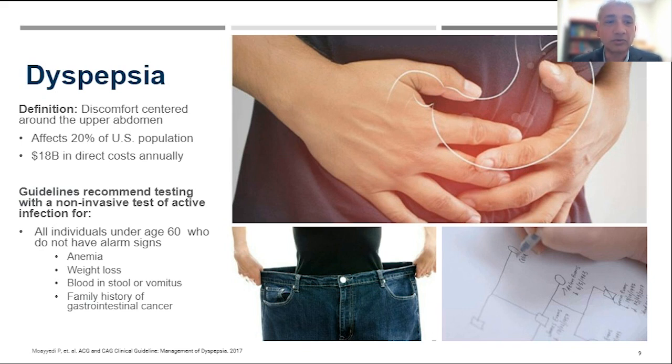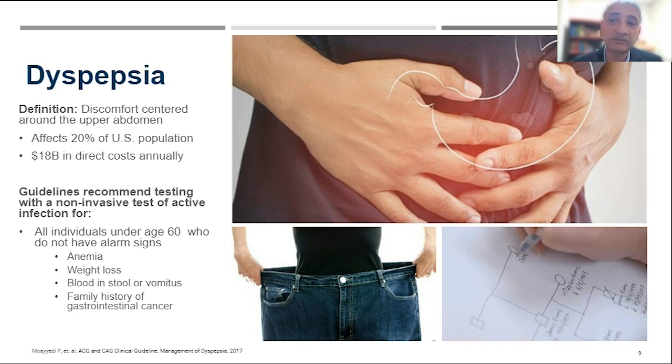Now, the individuals who should get H. pylori testing as the first-line test for the management of dyspepsia are individuals who are younger than age 60 and who do not have alarm signs. Alarm signs are signs that raise concern for possible concurrent cancer. So alarm signs are anemia, weight loss, vomiting, a family history of gastrointestinal cancer.